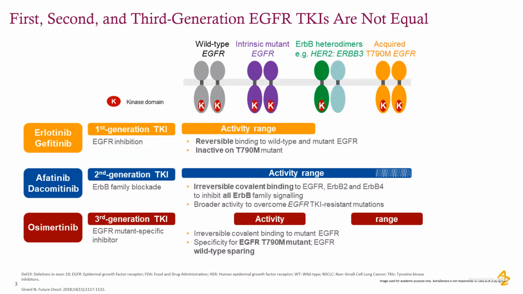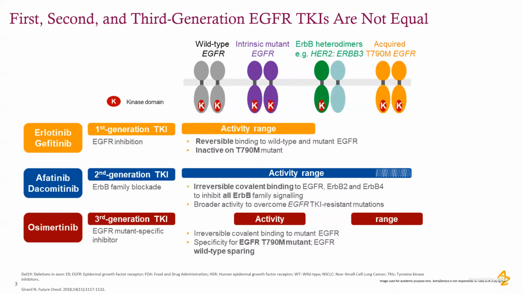Erlotinib and gefitinib cause EGFR inhibition through reversible binding to wild type and mutant EGFR, and these drugs are inactive on T790M mutations. Usually these EGFR mutant patients gradually develop a T790M mutation, where erlotinib, gefitinib, and even second generation afatinib and dacomitinib are not effective.